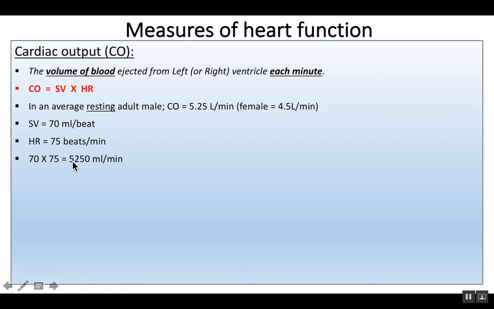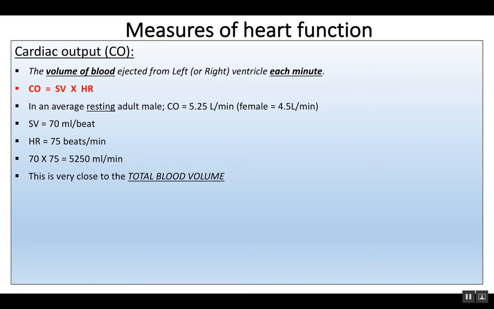And what's very interesting is that on average, your cardiac output is about the same as how much blood you have. A normal adult male has somewhere between 5 and 6 liters of blood. A female has somewhere between 4 and 5 liters of blood.